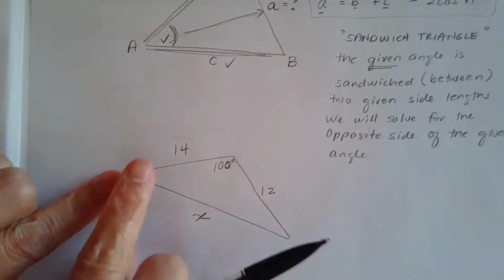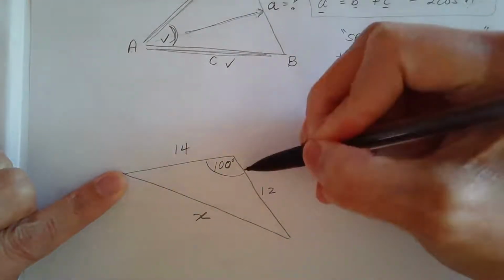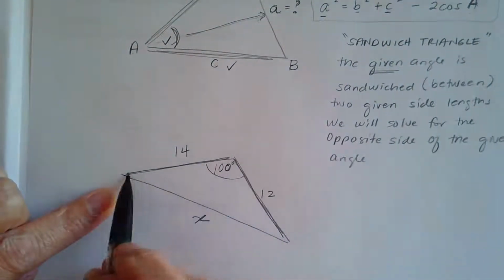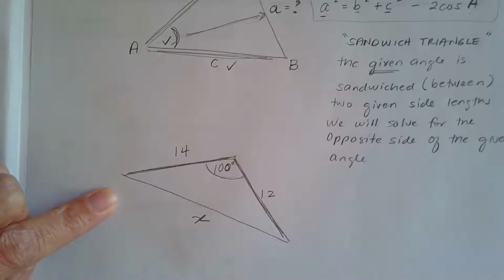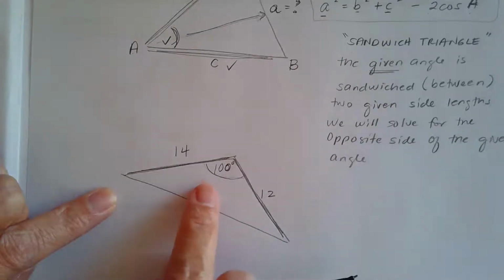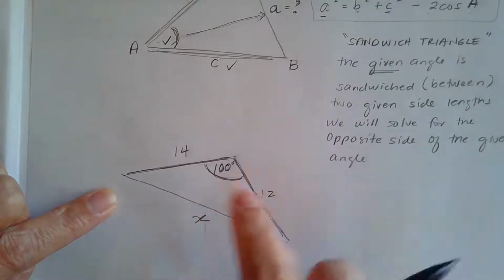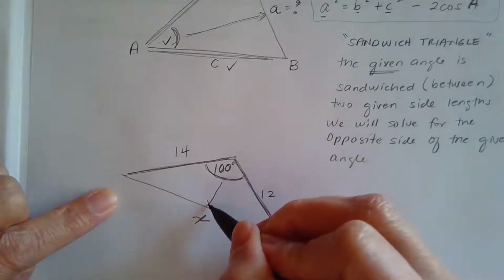Can you see that this angle here is sandwiched between these two sides? So it could be in that form. This also looks like a sandwich because the angle is in between two sides. And this is what's missing.